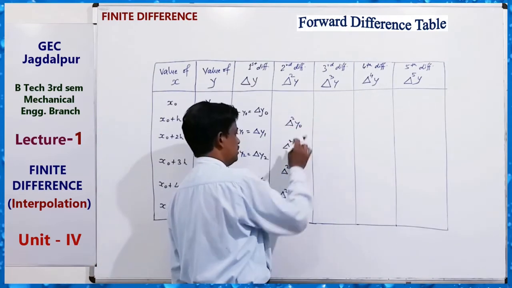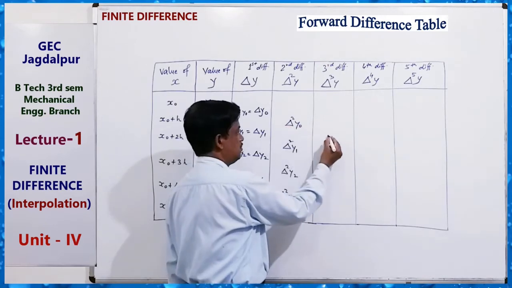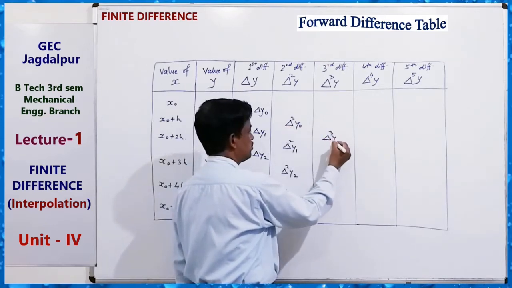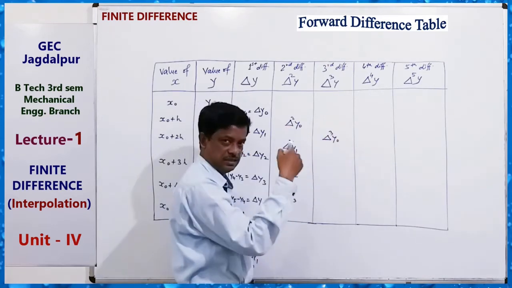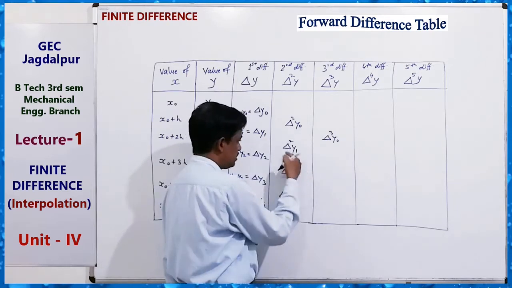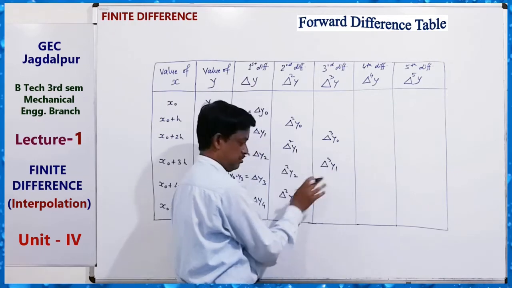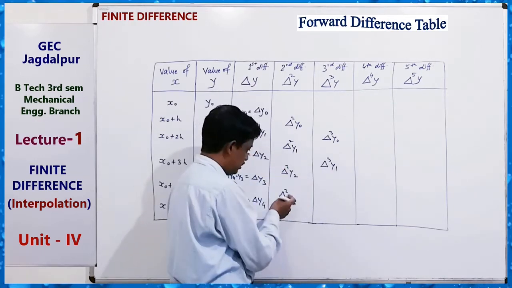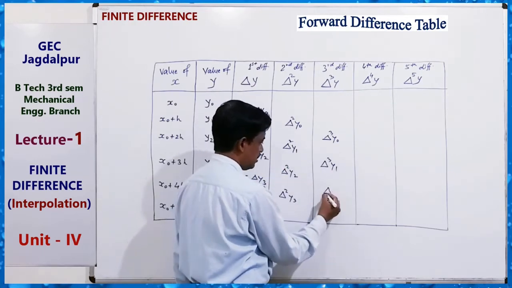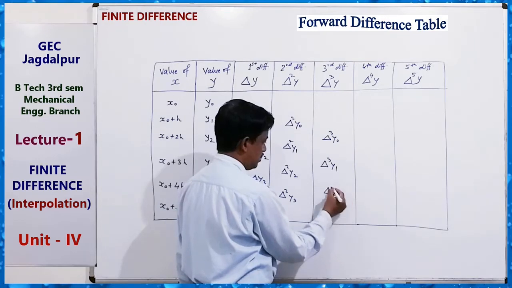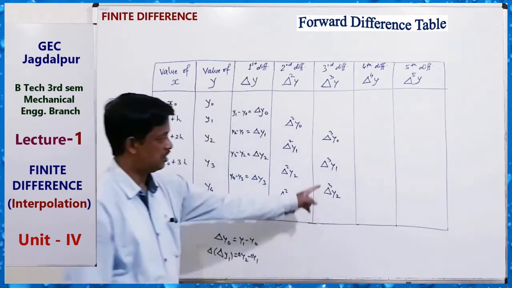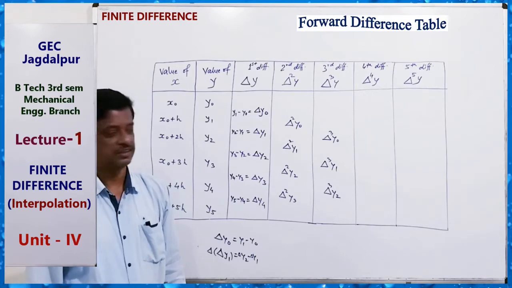This minus this gives third difference y at 0. You can see, this minus this, third difference at y1. Forward difference. This minus this, third difference at y2 index.